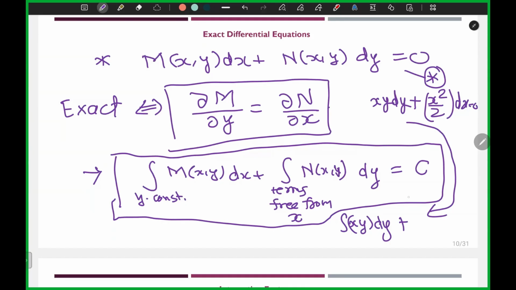I have written the correct thing, terms free from x, or is it terms free from y? Yes, here terms free from x. So here there is no term, equals c. xy square by 2 equals c.